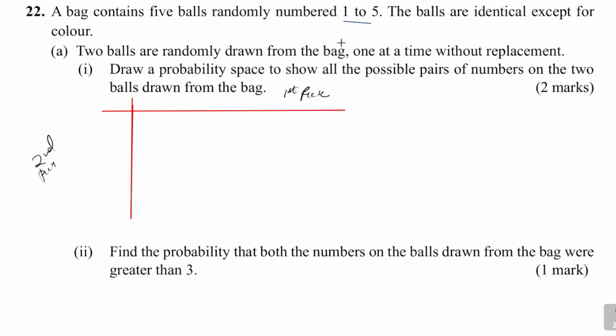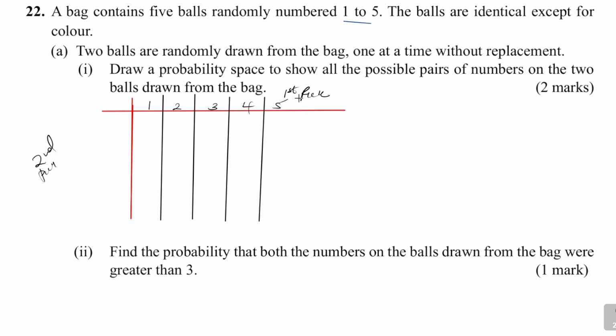So they are numbered 1 to 5. So 1, 2, 3, 4, and 5. So this is what you're going to get. Like that. So for the second pick, we also have balls numbered 1, 2, 3, 4, and 5.